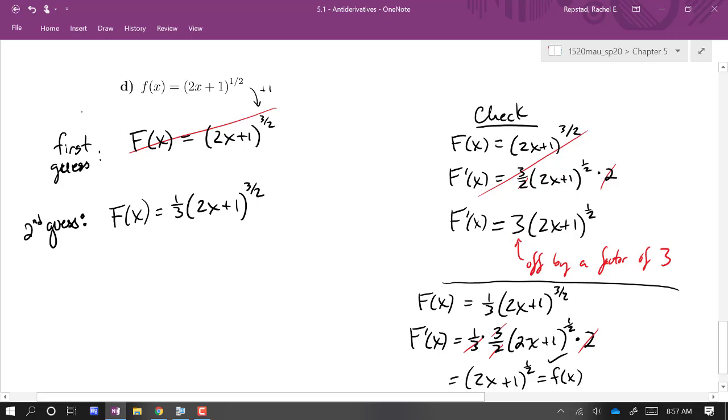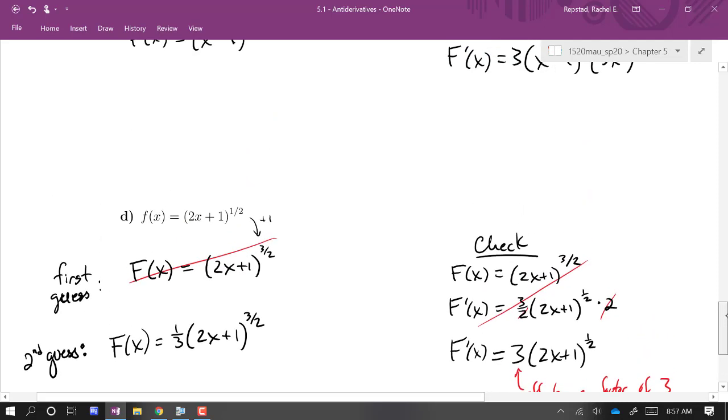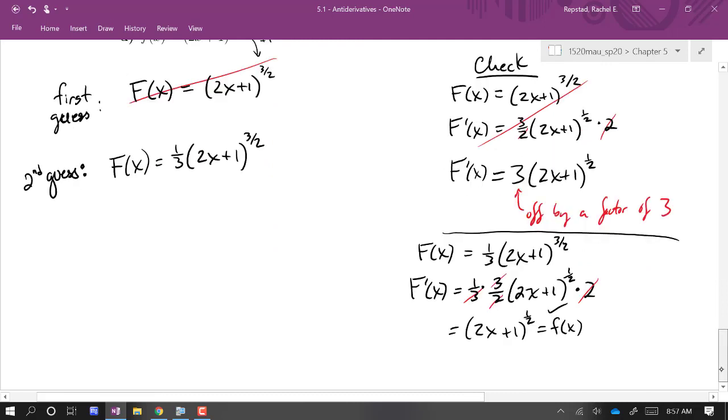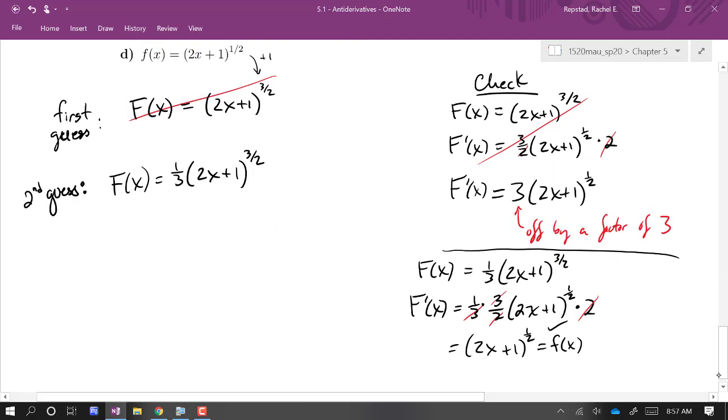Just reversing the order of things is a little bit harder. We're going to be patient with ourselves. We're going to allow ourselves to maybe need to take 2, maybe 3 tries before we find an antiderivative sometimes, and that's okay. That's sort of the way of it. We're going to do some more of this in the next section.